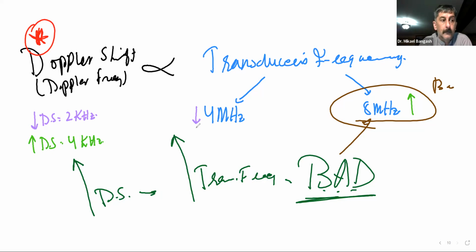Now in this case, this was the transducer's frequency.